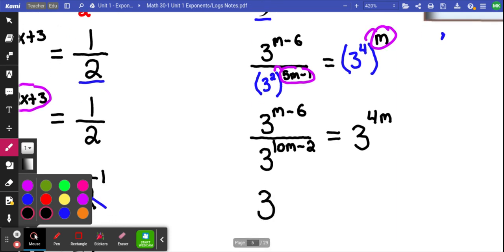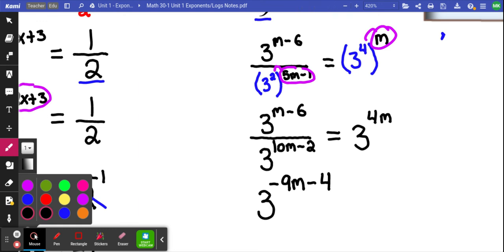If I had m minus 10m, that would be negative 9m. If I had negative 6 minus negative 2, because I'm subtracting, right? That would become negative 4. Negative 6 minus negative 2. Minusing a negative makes it positive, right?